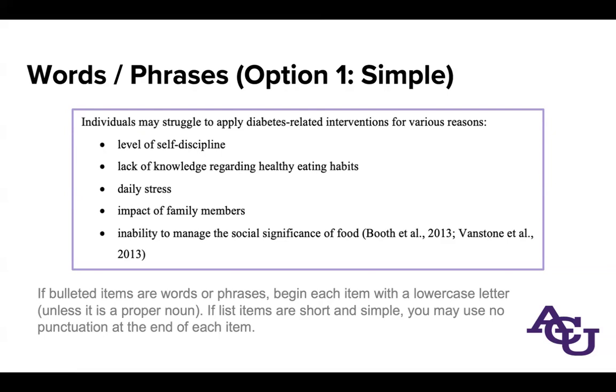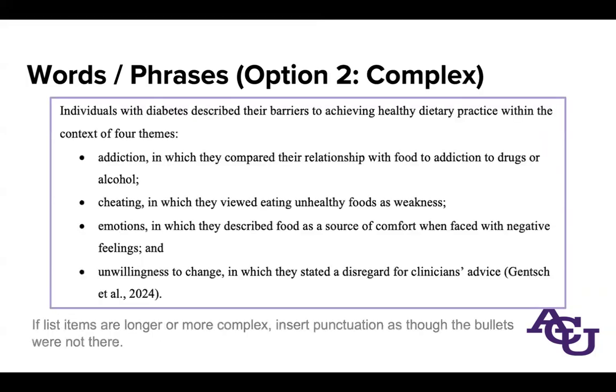Colon, because that's a complete sentence. Level of self-discipline, lack of knowledge regarding healthy eating habits, daily stress, impact of family members, inability to manage the social significance of food. In this case, each of my phrases is short. It's on one line, or it's even just a couple of words. And in this case, APA says I don't need to put any punctuation after them. They can just sit on their own.